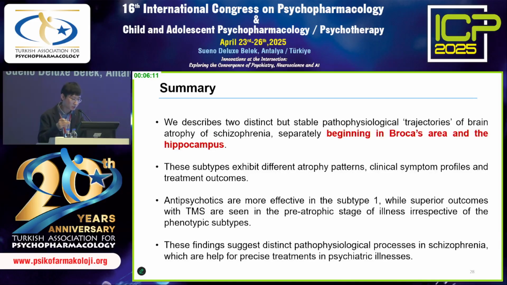Antipsychotic drug treatment may be more effective in subtype 1, and TMS treatment may be more effective for the early SuStaIn stage. These findings suggest distinct processes in schizophrenia. Maybe they are helpful for future personalized treatment in psychiatry.